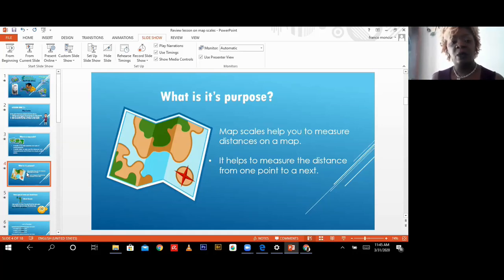All right. We would also remember that measuring a distance from one place to the next is very important because it will help you know the exact distance. Again, the example I gave earlier, let's just use a boat. Maybe you're an aspiring boat captain.